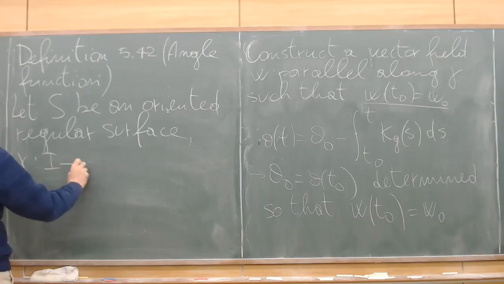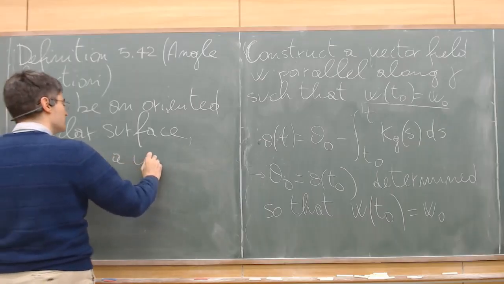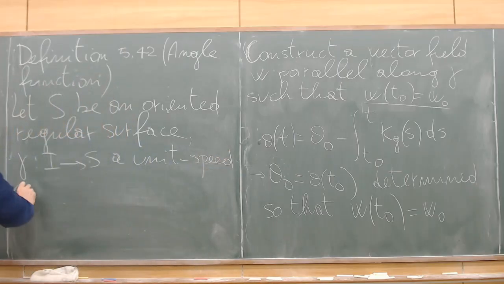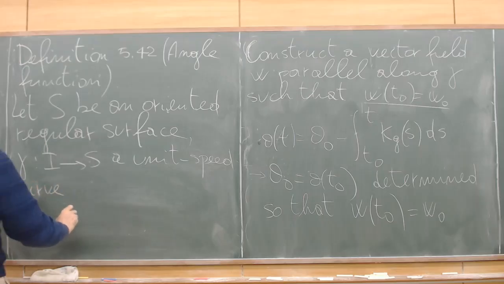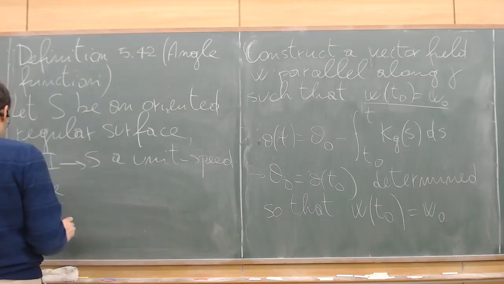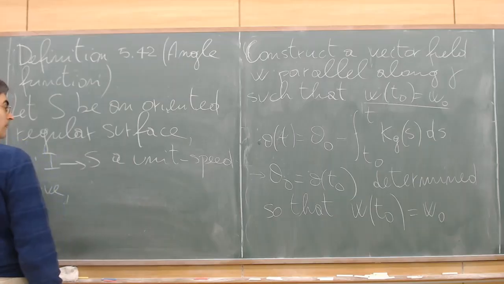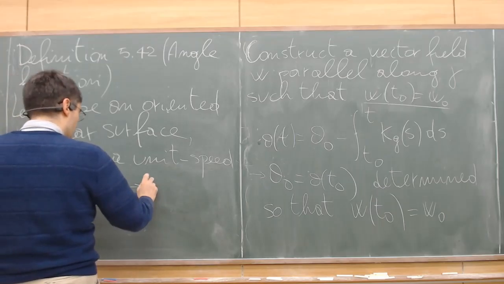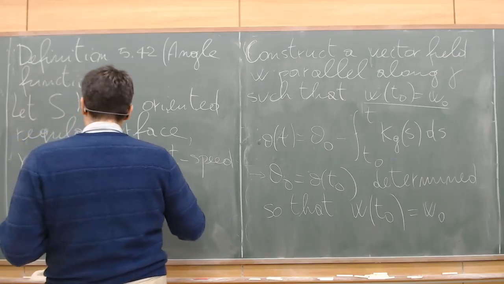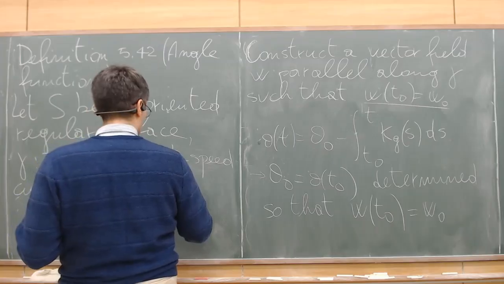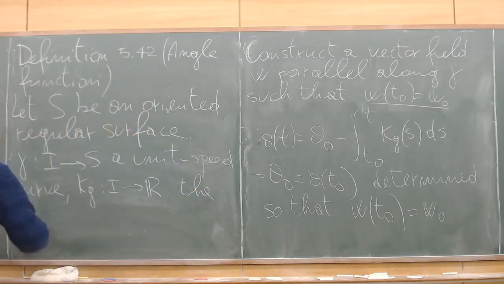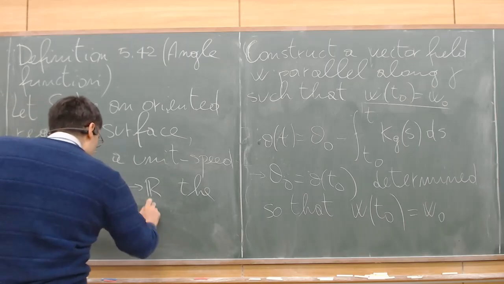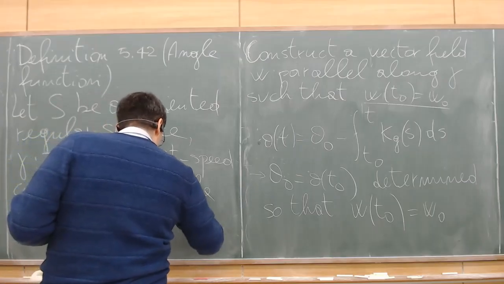Gamma is a unit speed curve in S, and kg the geodesic curvature function.